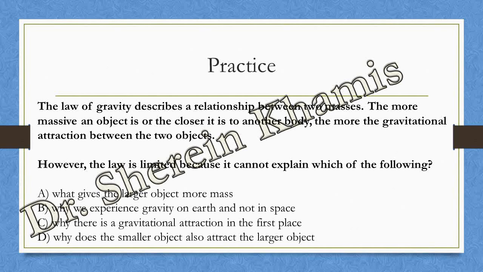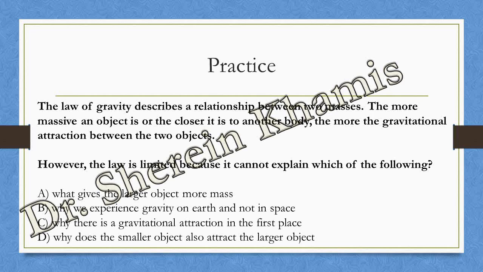we will do some practice or some exercises for all the concepts that we have taken before. If we take that, what does the law of gravity describe? It describes the relationship between two masses. The more massive an object is, or the closer it is to another body, the greater the gravitational attraction force between the two objects.